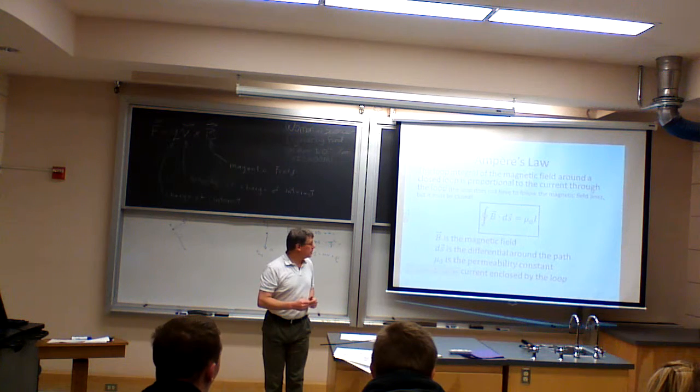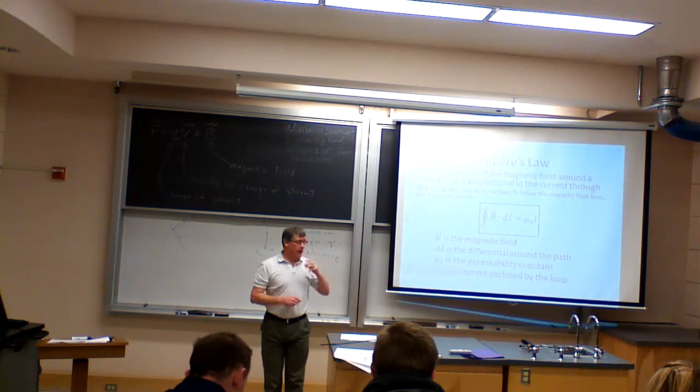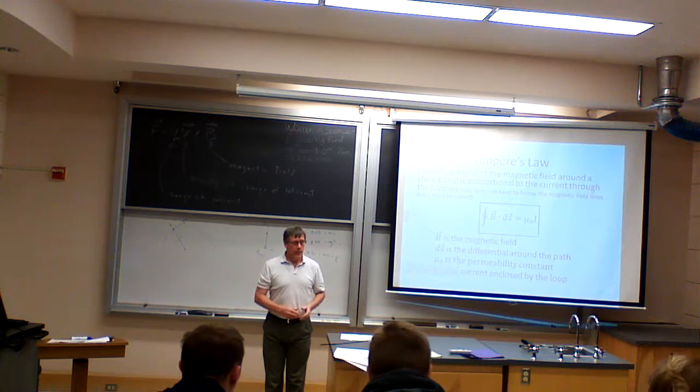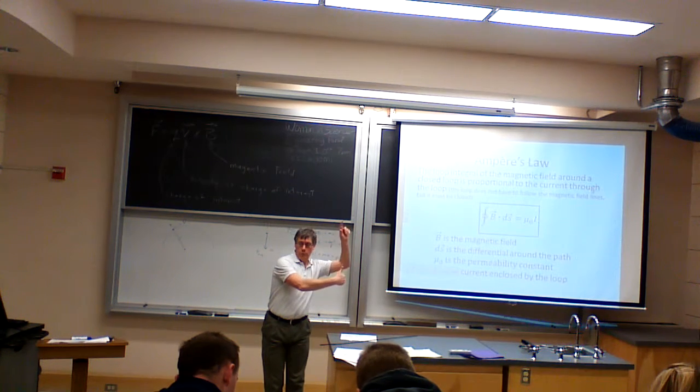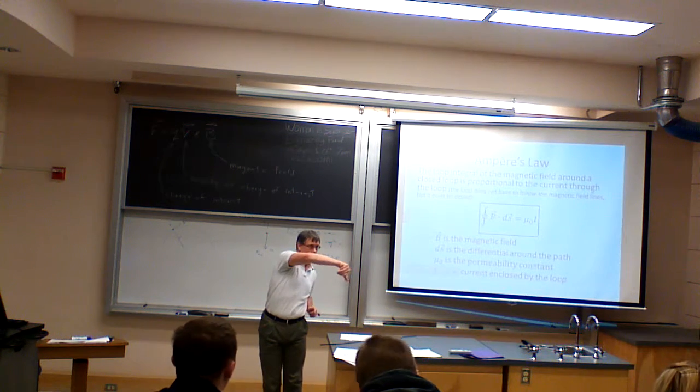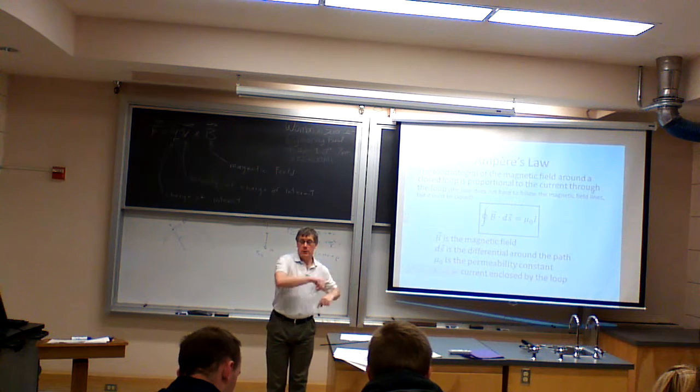If I get a positive value, it means that there's current going through. If you wrap your fingers in the direction I walk around the loop, there's current going through in that direction. If I get a negative value, it tells me the current's going through in the opposite direction.